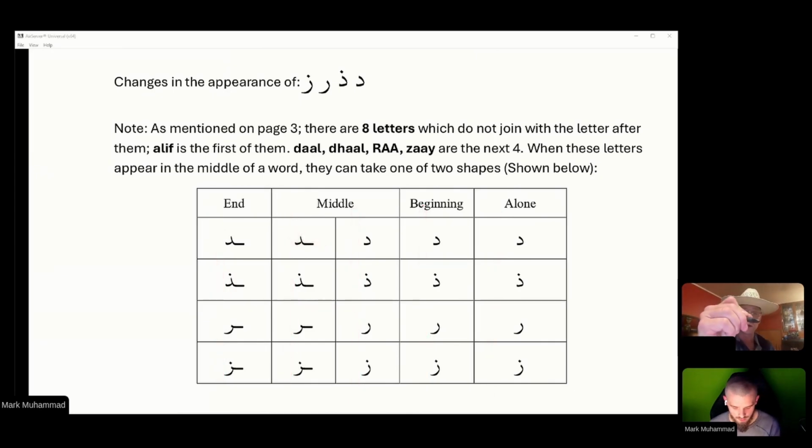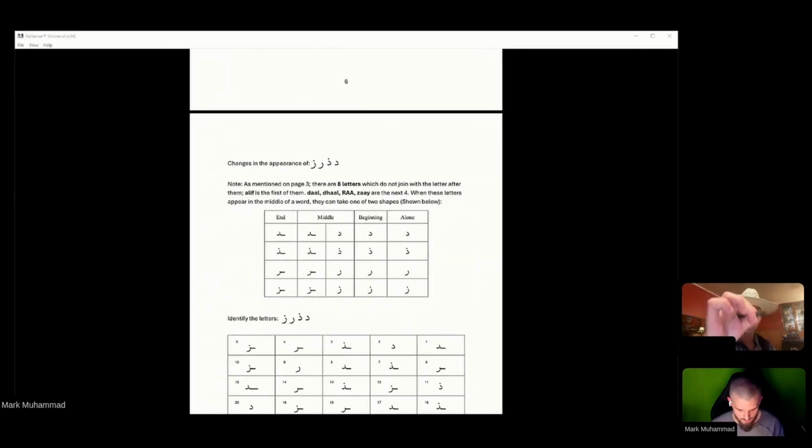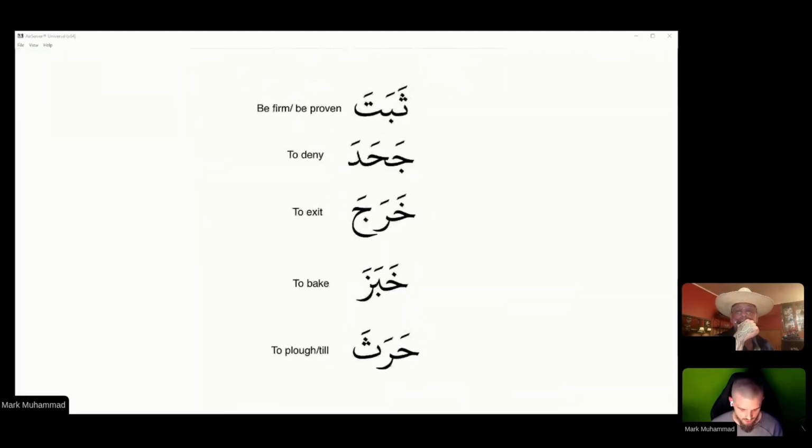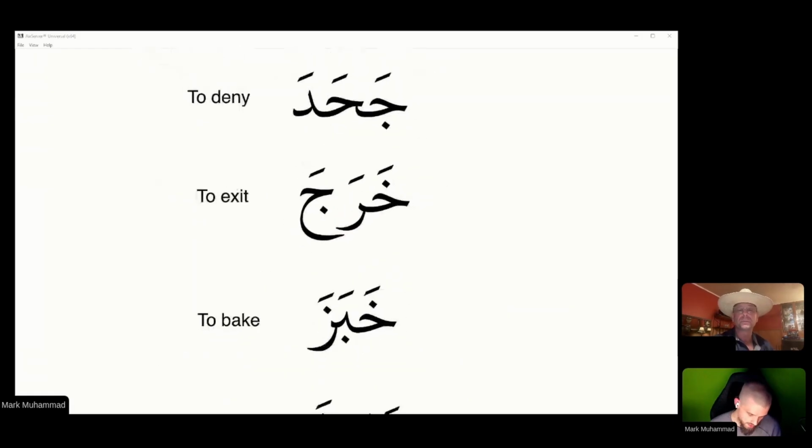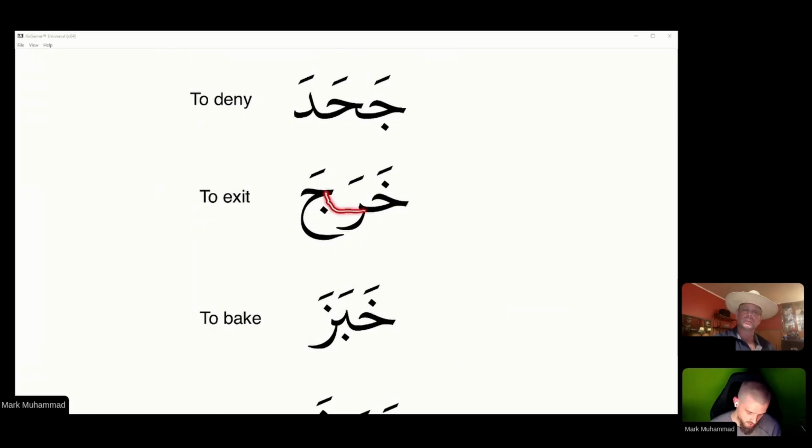If you're writing cursive, not everything is going to attach. You'd almost stop and then rewrite the next one, which is what we're seeing here. So the letter Ra doesn't attach with a line to the Jim. Correct.